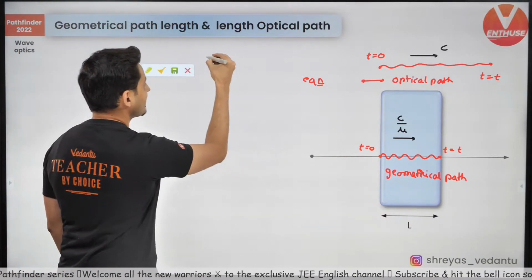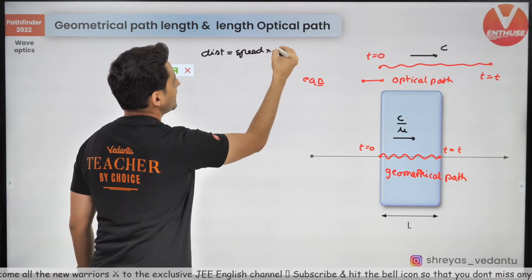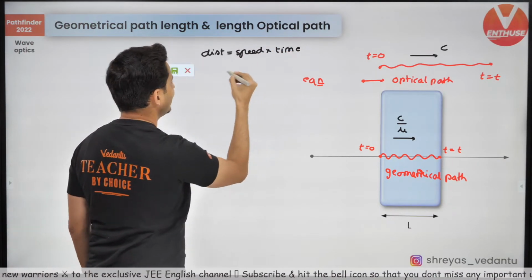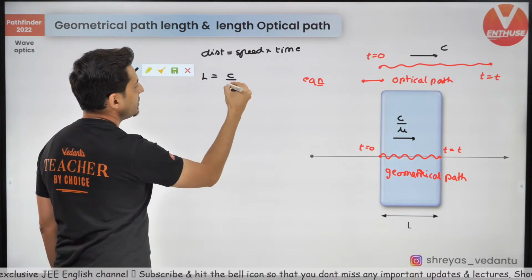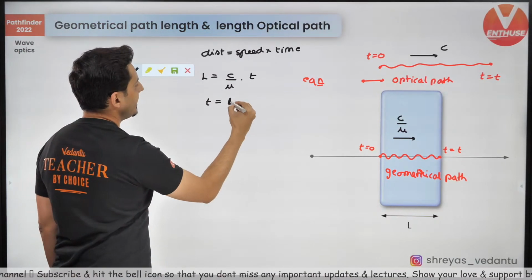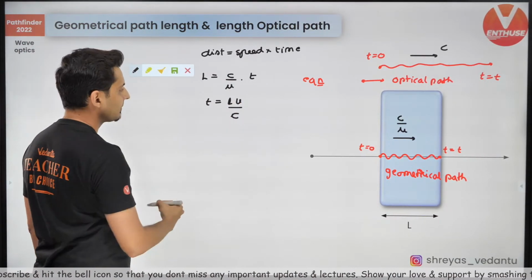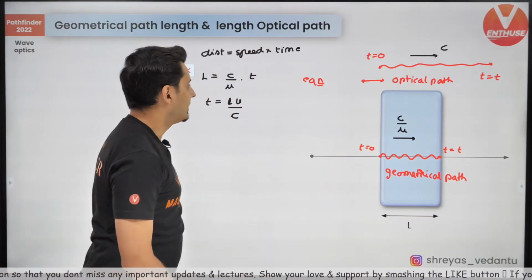Now, distance is speed into time, which you have been learning in lower grades as well. That distance is length L, speed is c by mu, into t. From this, I got the value of time as L mu by c.